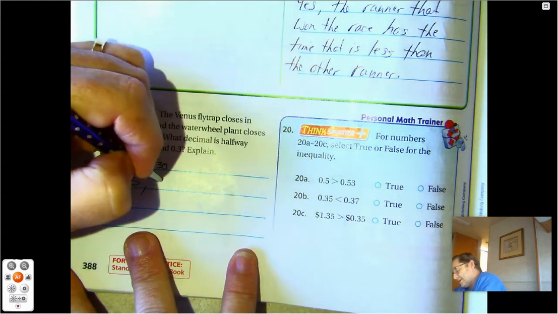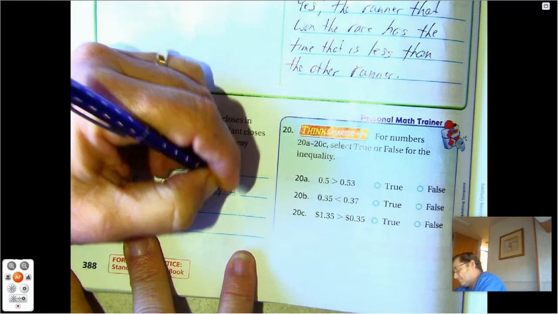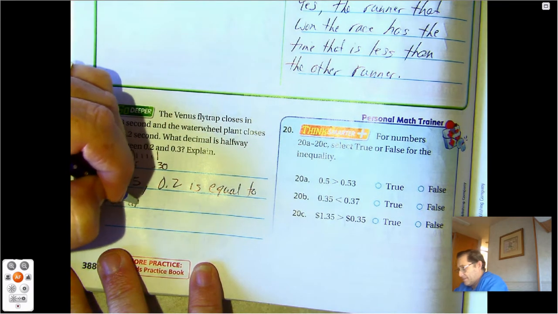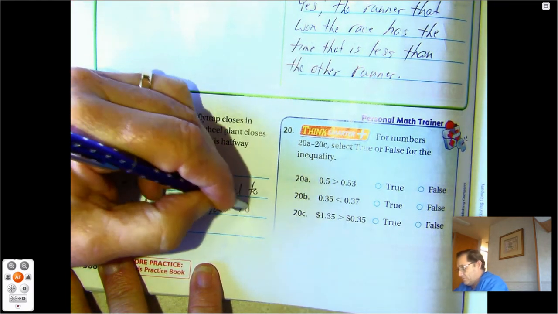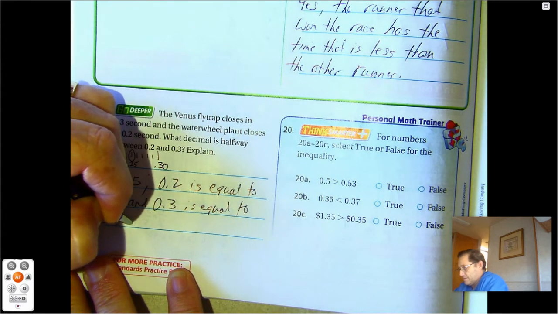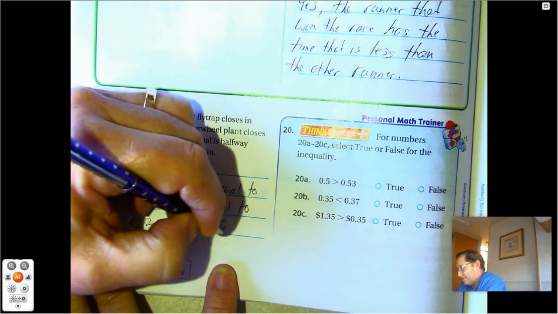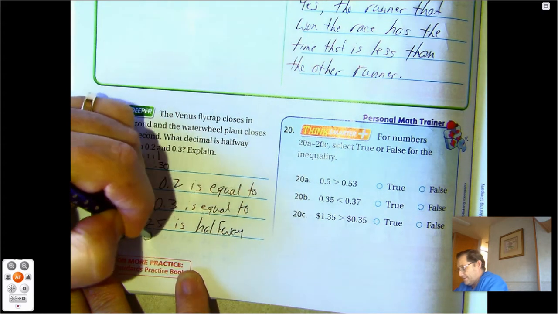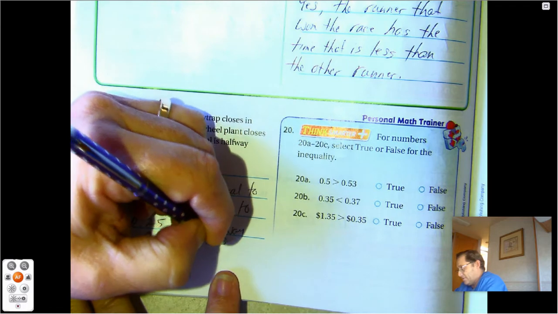So we said 2/10 is equal to 20 hundredths, and 3/10 is equal to 0.30. 0.25 is halfway between 0.20 and 0.30.